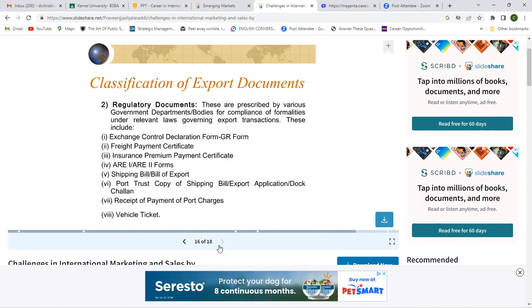Regulatory documents. These are prescribed by various government departments and bodies for compliance with formalities under relevant laws governing export transactions.